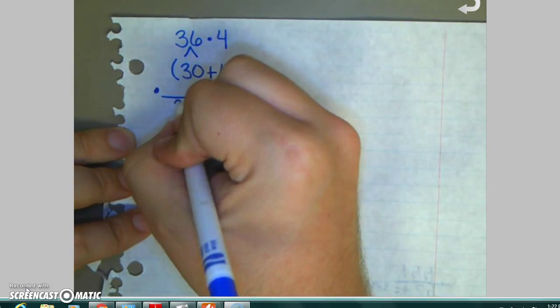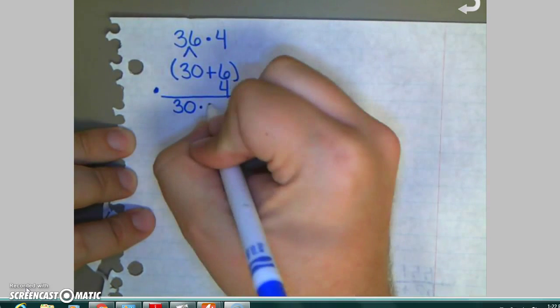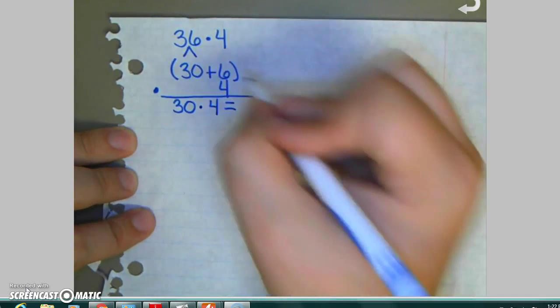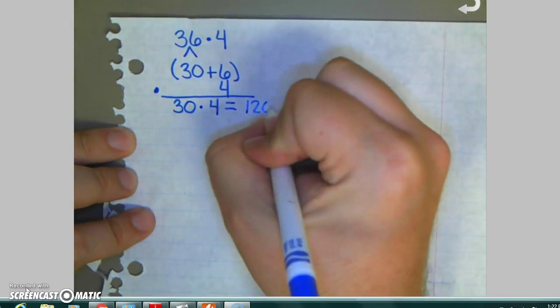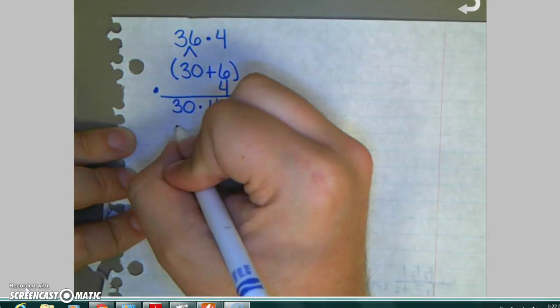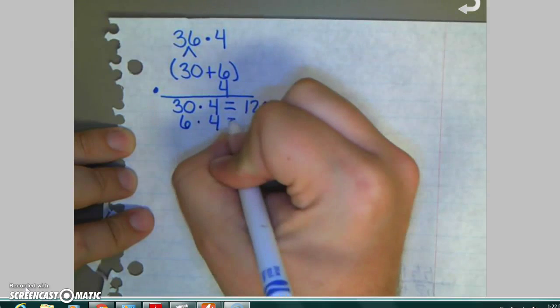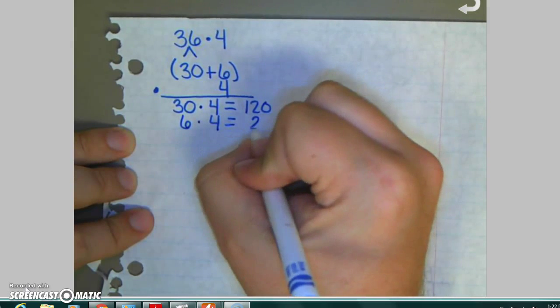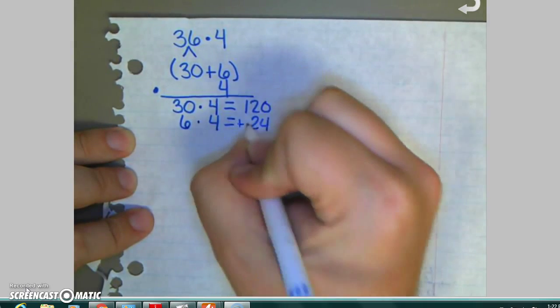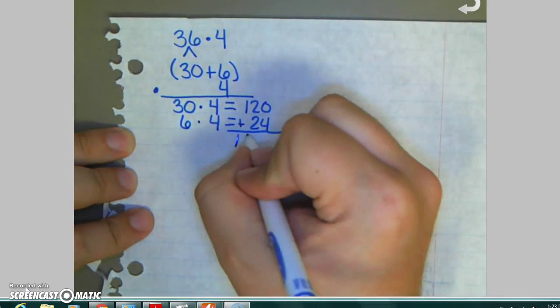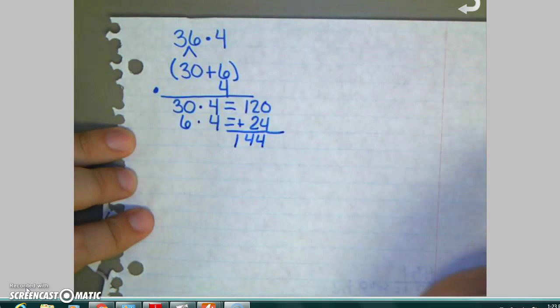So here I'd have 30 times 4, which would be equal to 120. Here I would have 6 times 4, which is equal to 24. Add my partial products together to get 144.